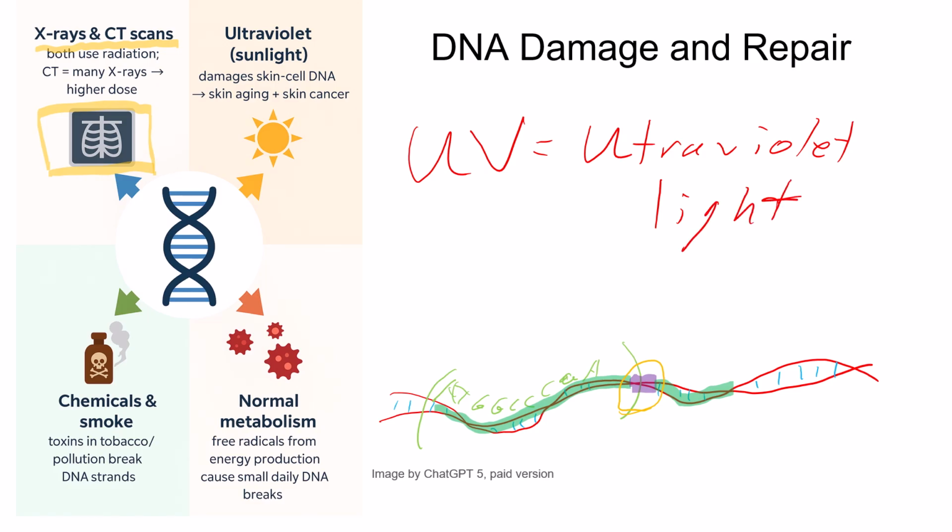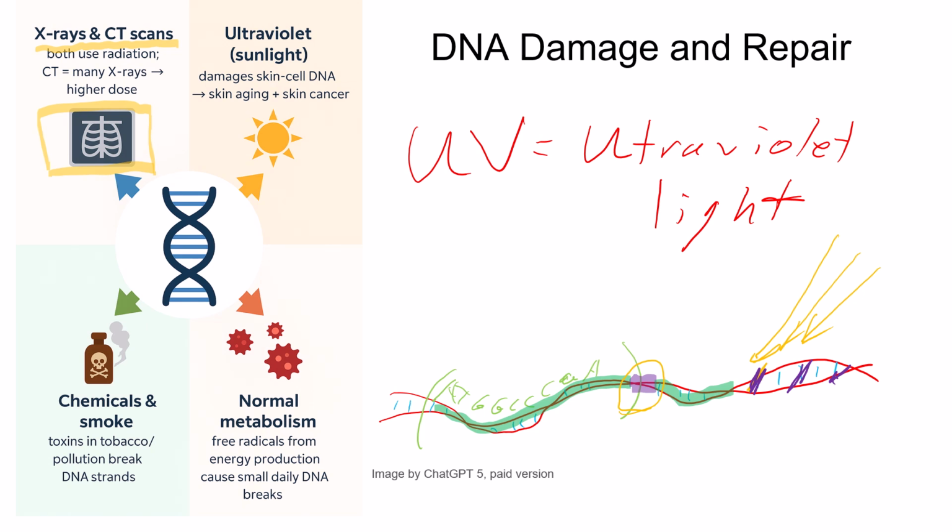So maybe you have seen people get a sunburn, or maybe you have got a sunburn yourself. That is when there is so much sunlight that comes to the DNA and it causes damage to the DNA. And then that damage sometimes doesn't get fixed.